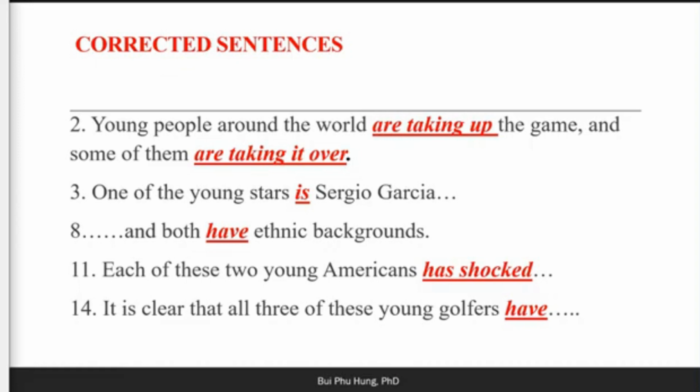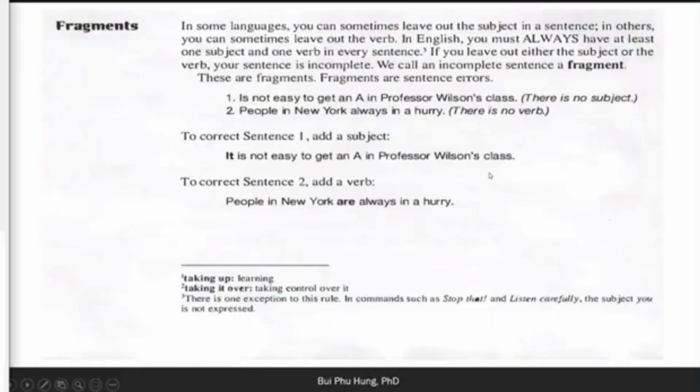Right. So now let's go on. Any questions so far? Okay. Let's move to fragments.